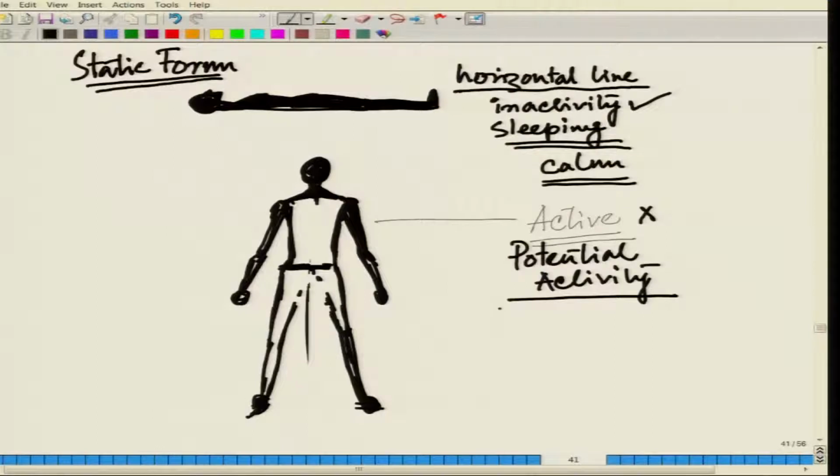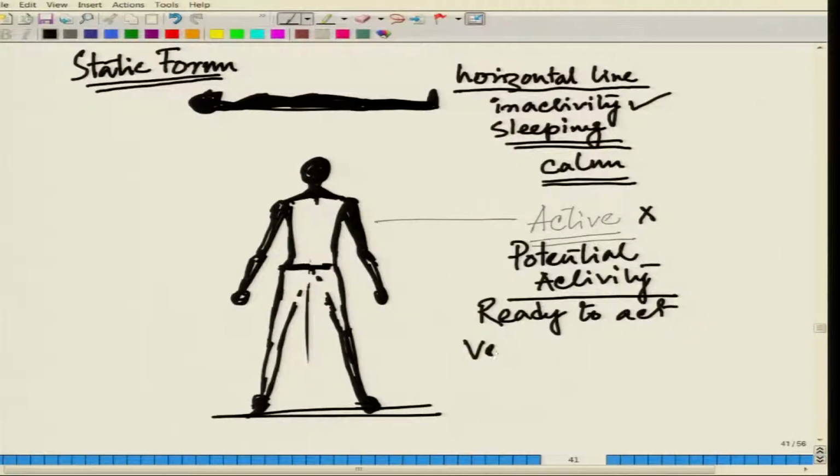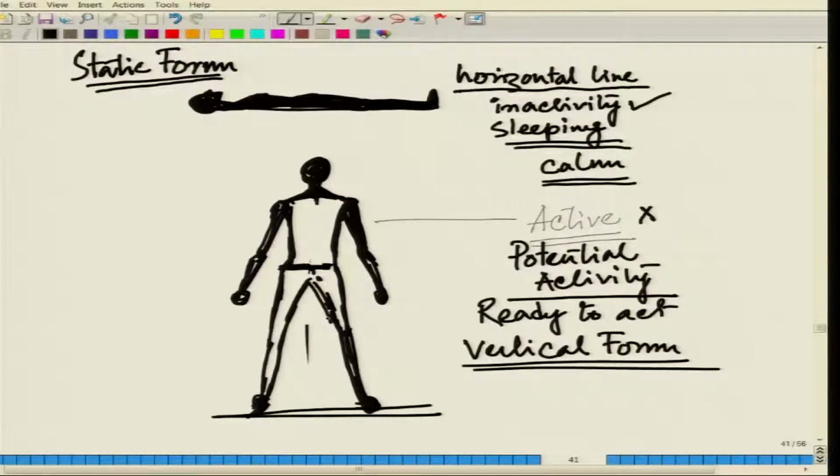So, the formation is ready to act, but not active as yet. So, the horizontal formation is inactive totally, the vertical formation will give you a sense of possible movement, but both are static forms.